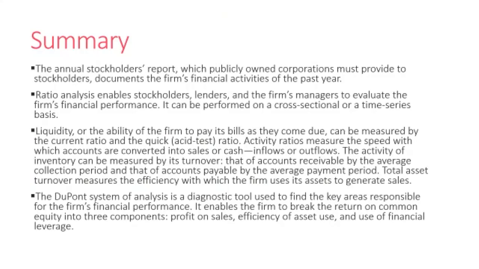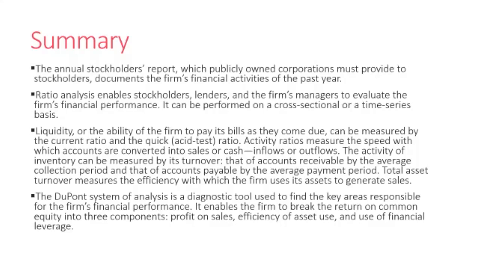Now, liquidity, or the ability of the firm to pay its bills as they come due, can be measured by the current ratio and the quick ratio. Activity ratios measure the speed with which accounts are converted into sales or cash, inflows or outflows.